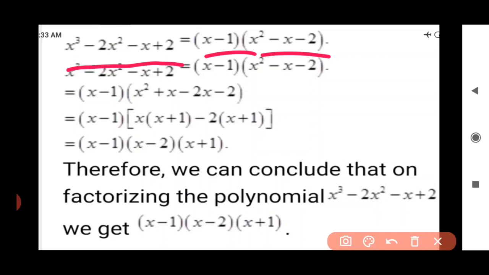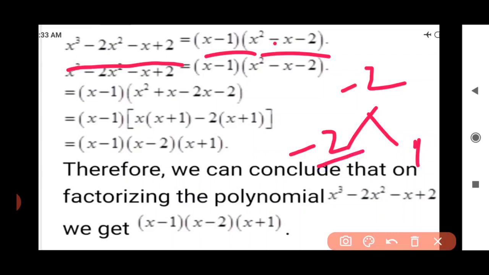The quotient is a quadratic polynomial, so we use the splitting middle term method. The coefficient of x squared is 1. 1 into minus 2 is minus 2, so the product is minus 2, and the sum is minus 1. So minus 2 and plus 1: minus 2 into 1 gives minus 2, and minus 2 plus 1 gives minus 1.